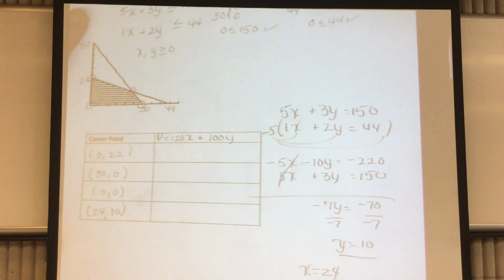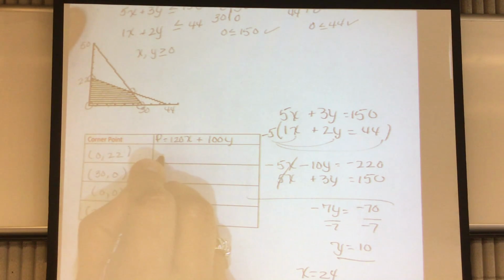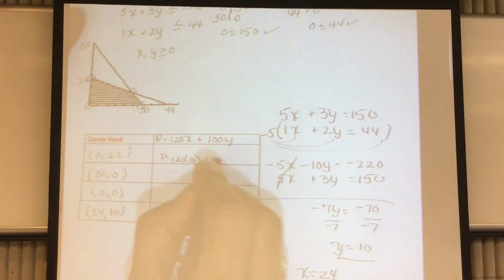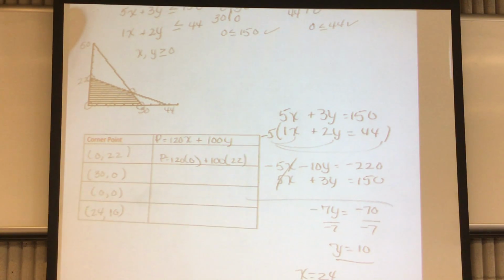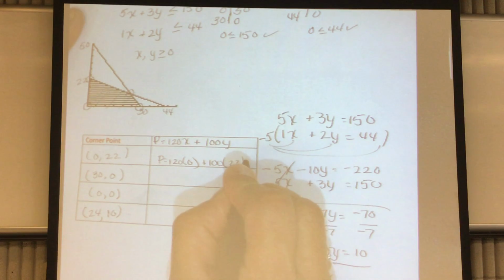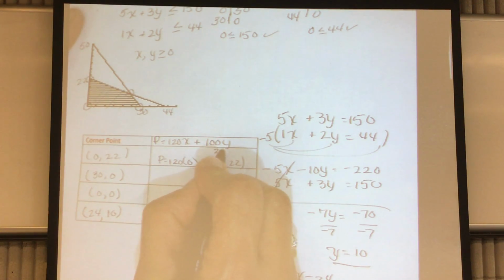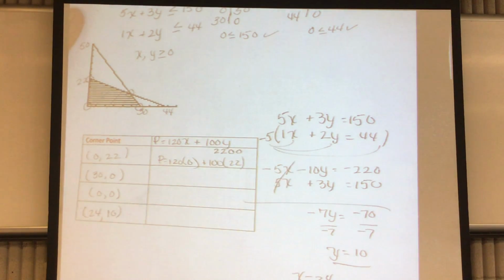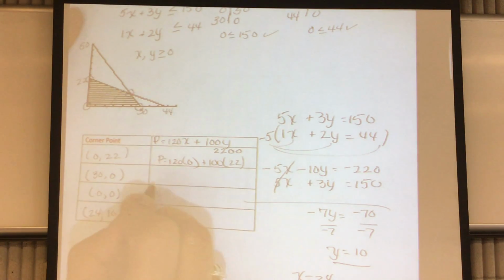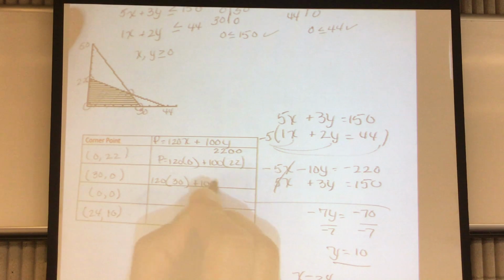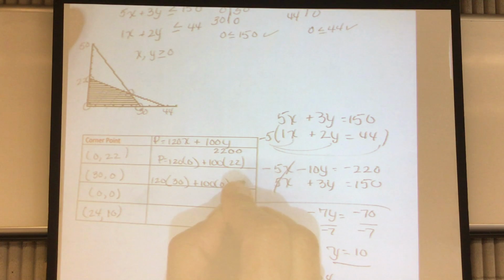So substituting each of the corner points into my objective function, I have 120 times 0 plus 100 times 22, and that is equal to 2,200. And the second one, I have 120 times 30 plus 100 times 0. 120 times 30 is 3,600.